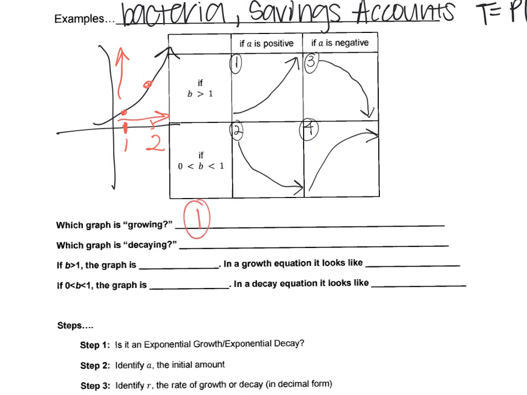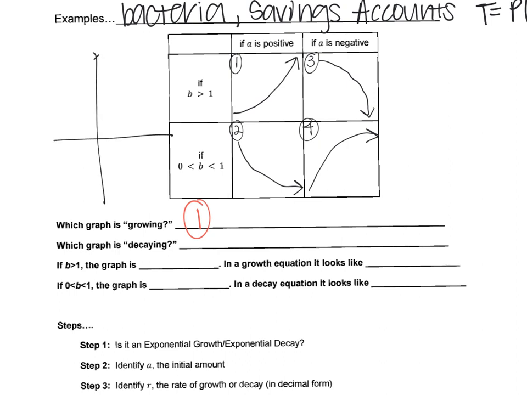Which one is decaying? Well, same thing as linear. If I had a graph, well, a negative linear equation's going this way, right?